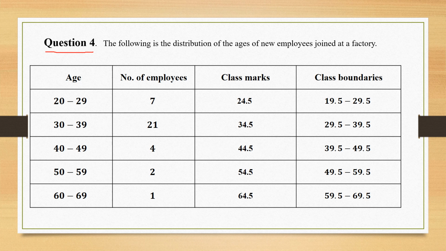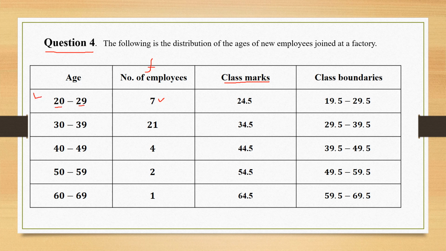Groups are already here. How many groups do we have? 1, 2, 3, 4, 5. So we have 5 groups. The frequencies are already here. The frequency of the first group is 7, then 21, then 4, then 2 and 1. Now class mark means we add the lower limit plus the upper limit.